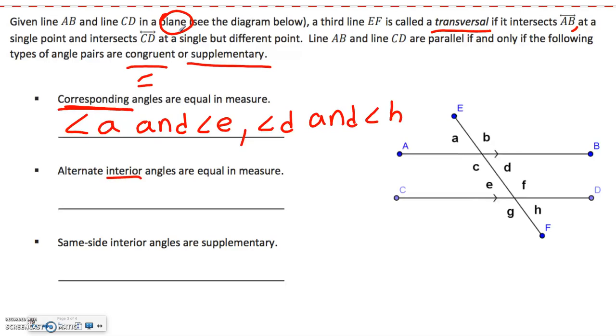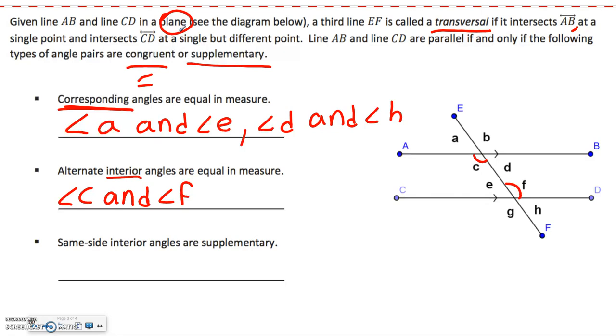Now, alternate, right? What does alternate mean? We have angle C and angle F. Notice angle C and angle F. They are alternate, opposite from each other. They are equal.